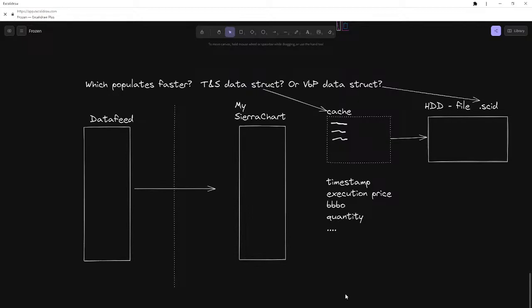Some of us are closer to the data feed, some of us live overseas, some of us have fast internet connections, some of us are using dial-up. There's a lot of variables that go into that, but in terms of which of these structures is populated more quickly, yeah, I'm going to go with this one.